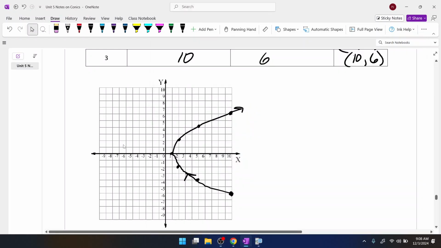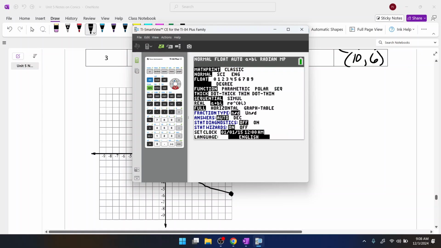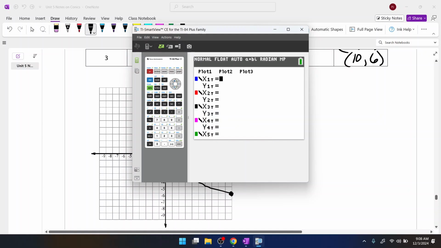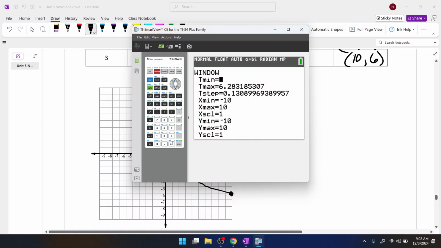So I've got to switch the mode to parametric. This was t squared plus 1, and this was 2t. Now when we go to graph, we need to change our t values from negative 3 to positive 3.